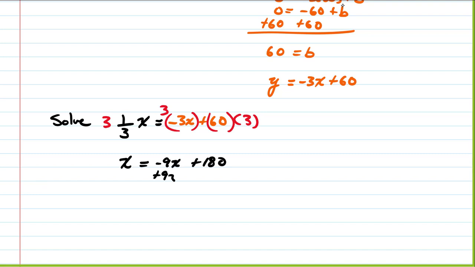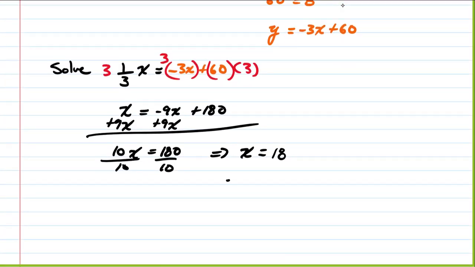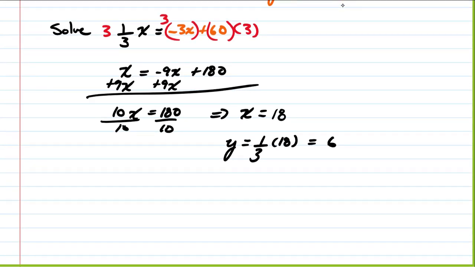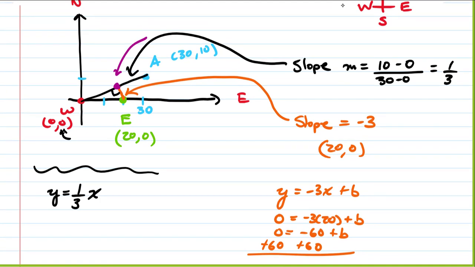We add 9x, and we add 9x, and we get 10x equals 180. Divide by 10, divide by 10. So we get x is equal to 18. Then to find the corresponding y value, we plug that in. So y is equal to 1/3 times 18, and that gives us 6. So the ordered pair of the point of intersection is (18, 6).